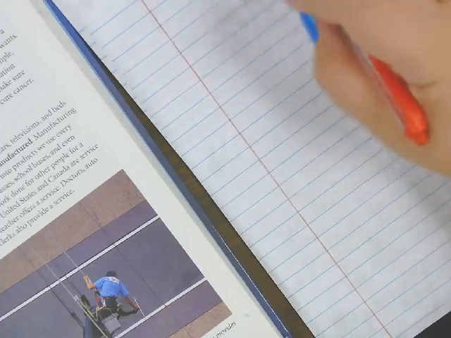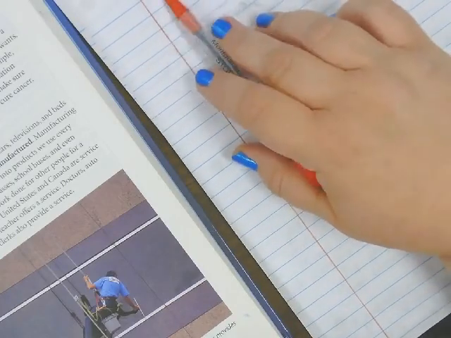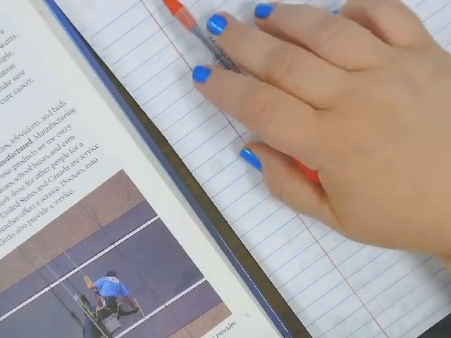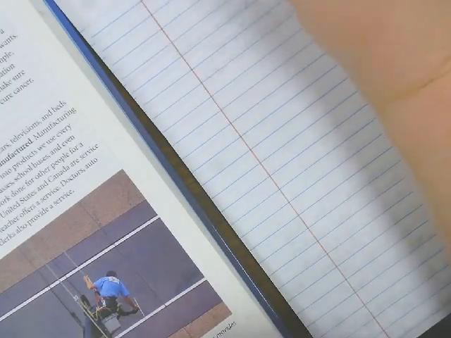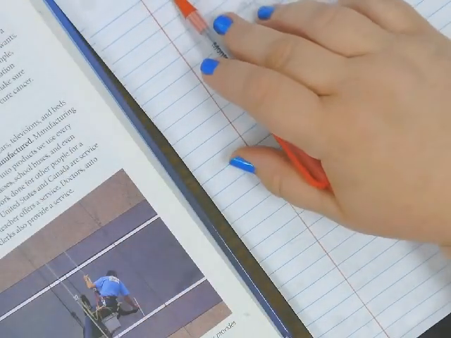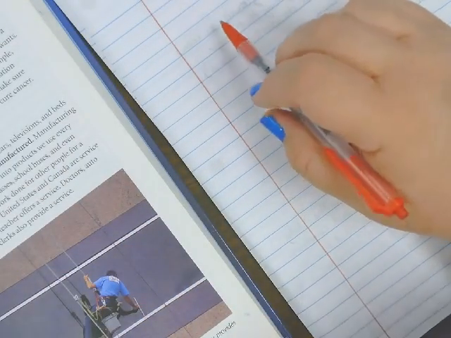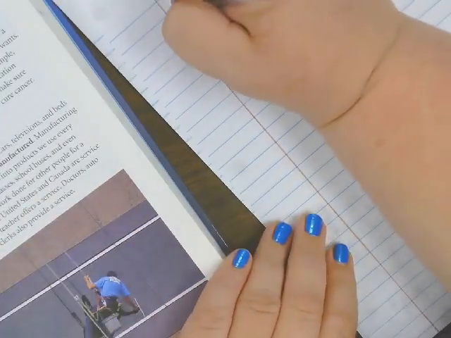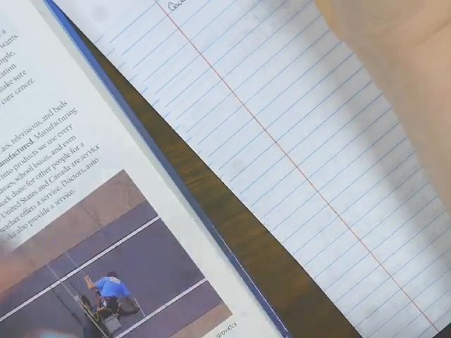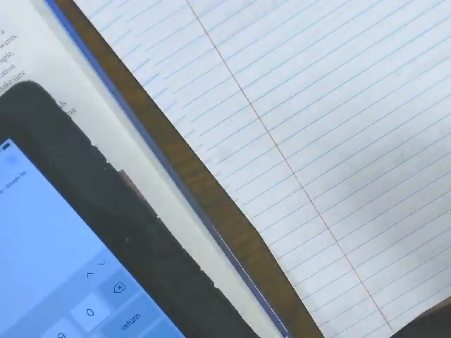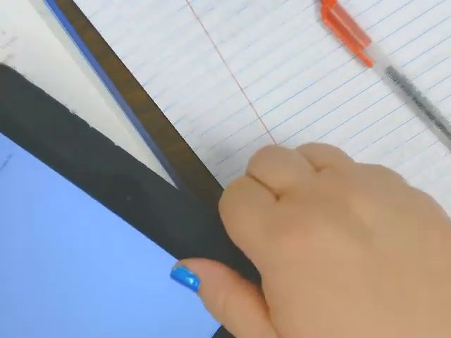If I was writing this in Spanish, I would be copying the words slowly because it would be letter by letter. So if I had to write that, the next one is K. Yeah, do the next one.